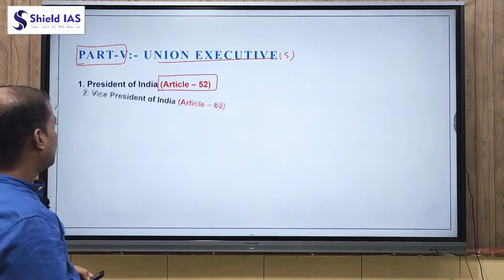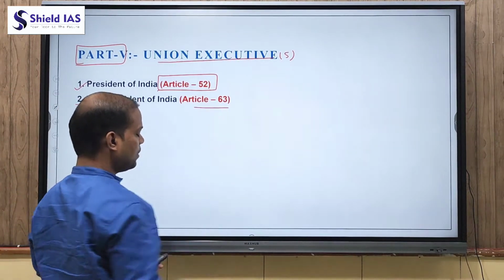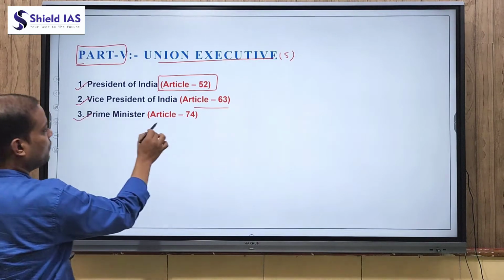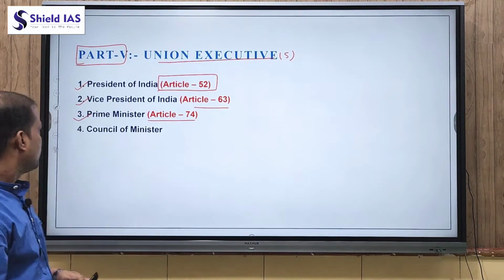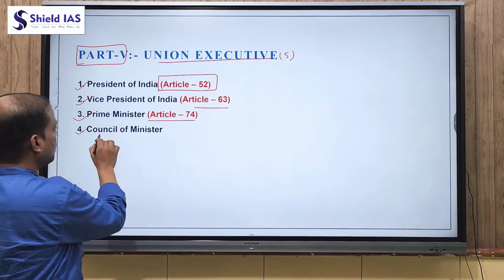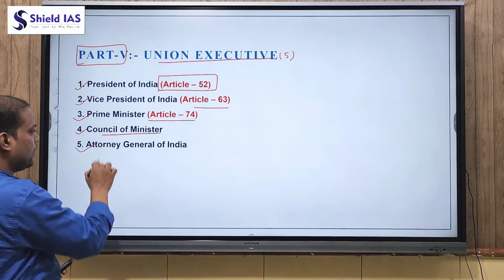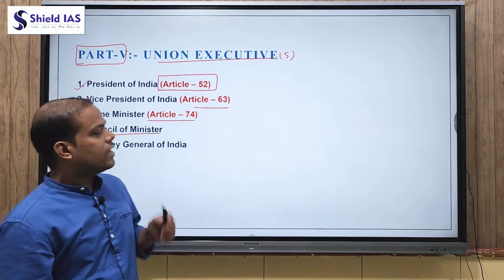Second is Vice President of India, dealt with from Article 63. The third member is Prime Minister, dealt with from Article 74. Fourth is Council of Ministers. And the last is Attorney General of India. So these are the members of the Union Executive.